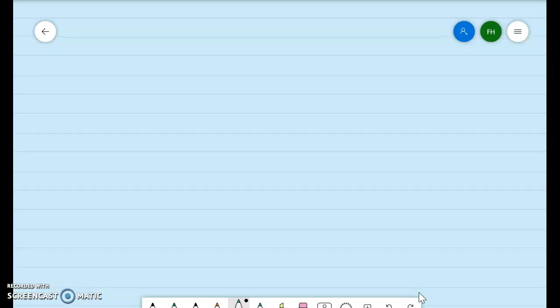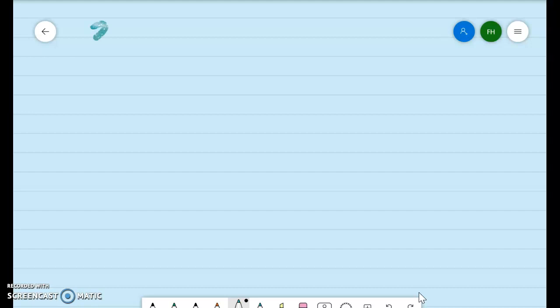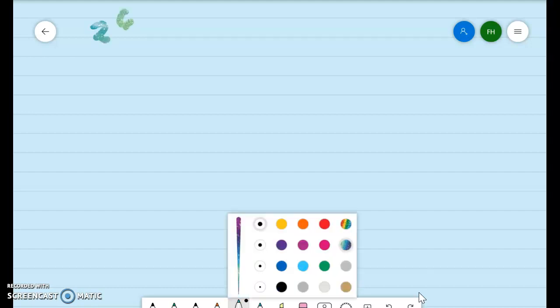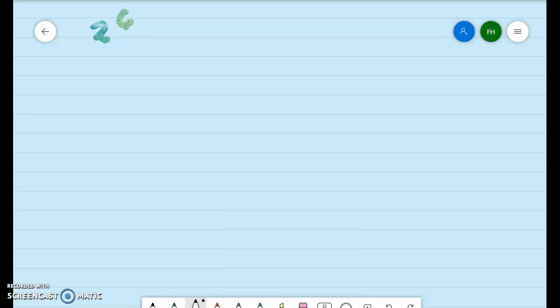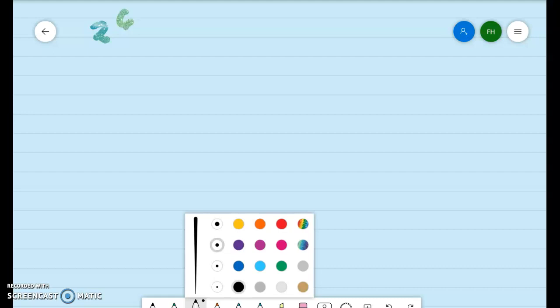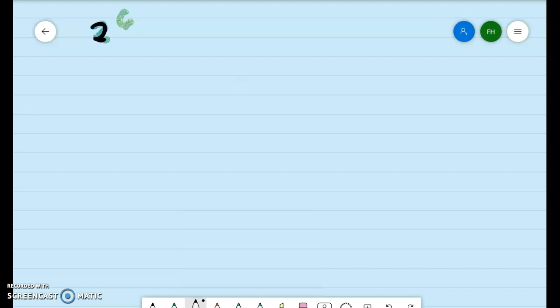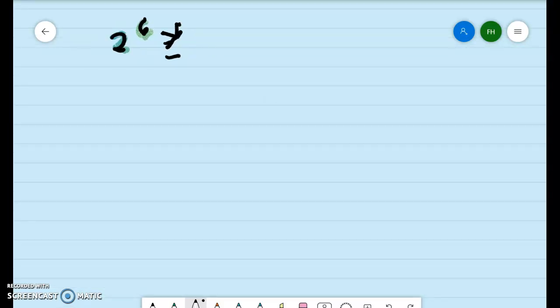And we have 40 data points, so that would be 2 to the 6th. So we would have 6 classes, because that would be 64, which is greater than or equal to 40.